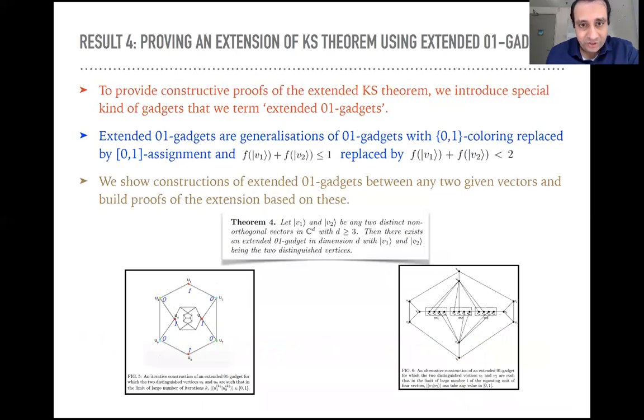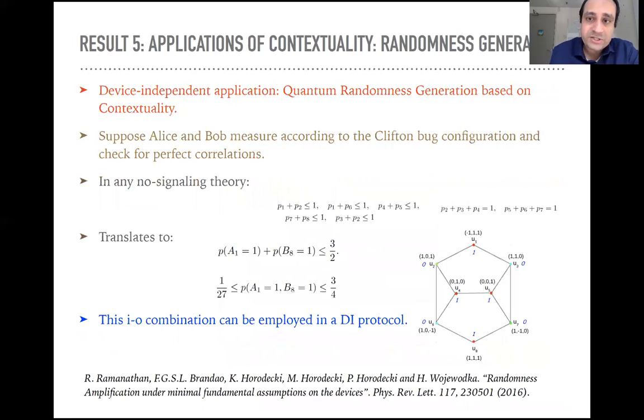Now, this extension of the Kochen-Specker theorem also has connections to the generation of randomness based on contextuality. So quantum random number generation, where we certify the randomness based on the violation of a non-contextuality inequality. Now, I will not go into the details of the explicit protocols that you can get based on these gadgets.